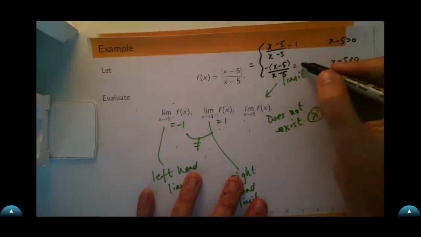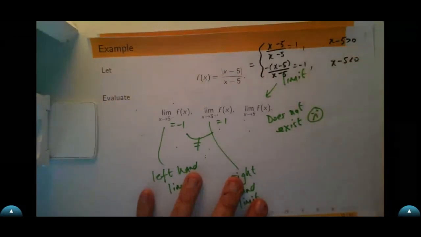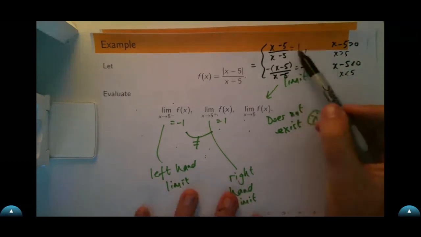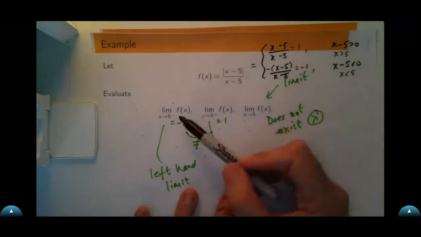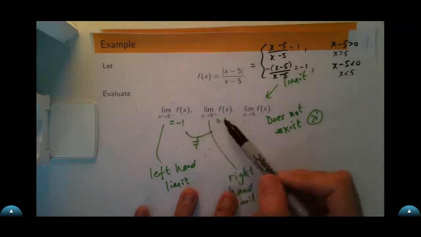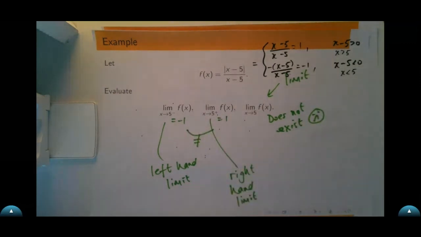So this is 1, this is negative 1. This corresponds to x greater than 5, and this is x less than 5. Now you take the limit of that, that's always going to be 1. Take the limit of that, that's always going to be negative 1. So that's where these two things come from.